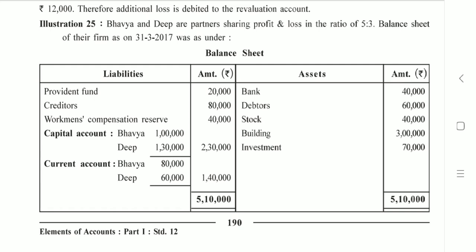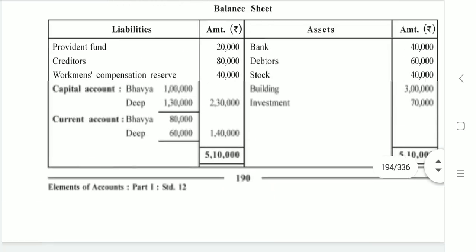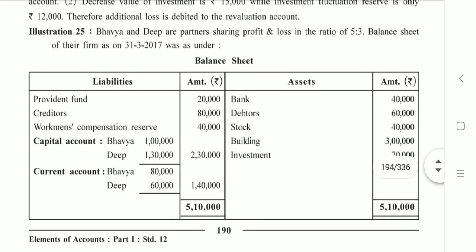They remain same. You will be provided with the balance sheet of the old firm, and below you will be having all the adjustments as you can see, and of course you are going to prepare the ledger accounts, which are a revaluation account, partners capital accounts, and cash and bank account, new balance sheet. Generally we prepare these accounts.